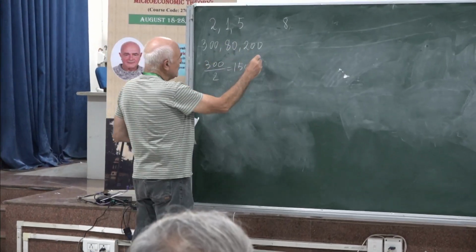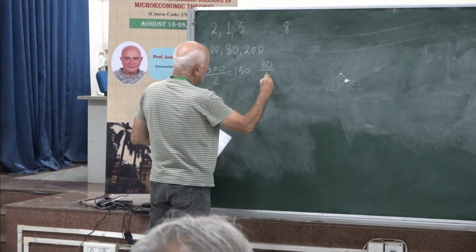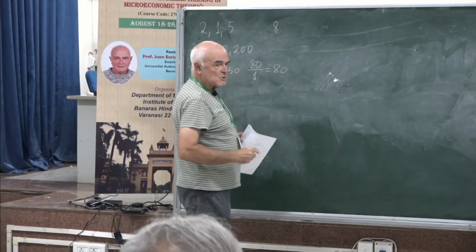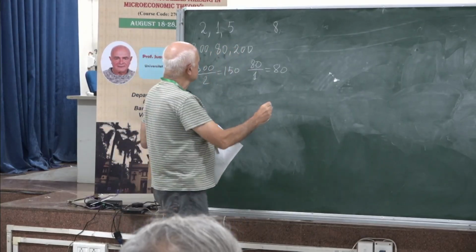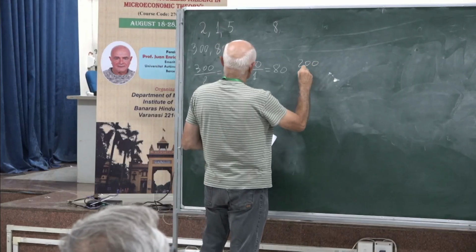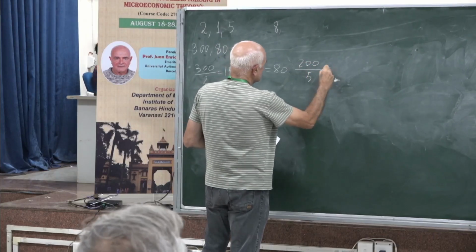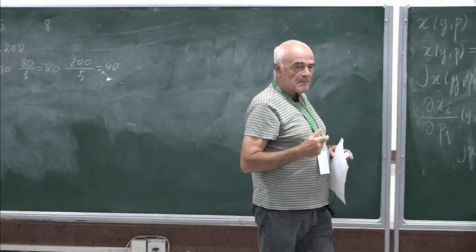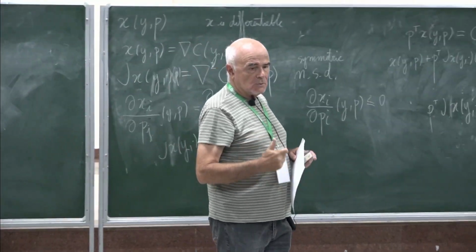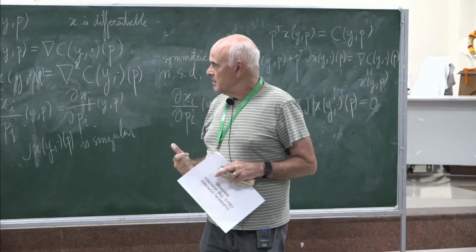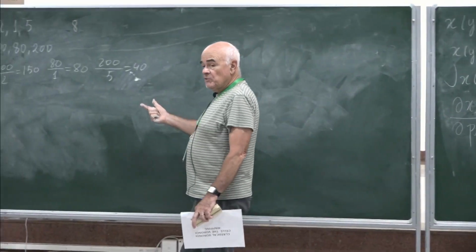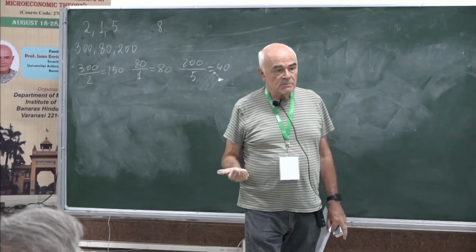But the same with B, but I have too little of C. Okay, so only 40. Of the other chemical products, I have too much, which I'm not going to use.